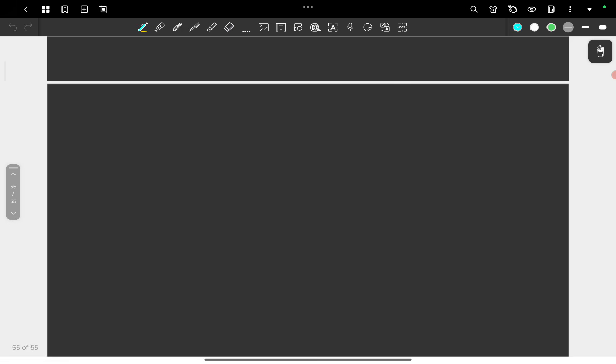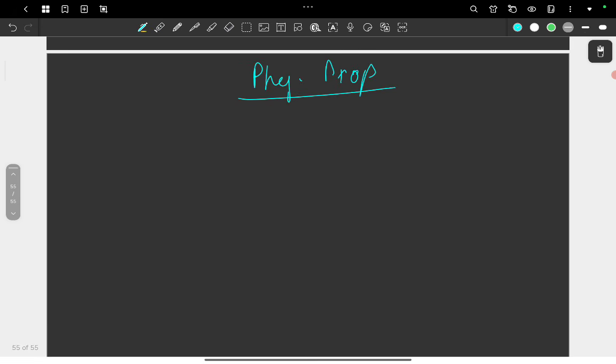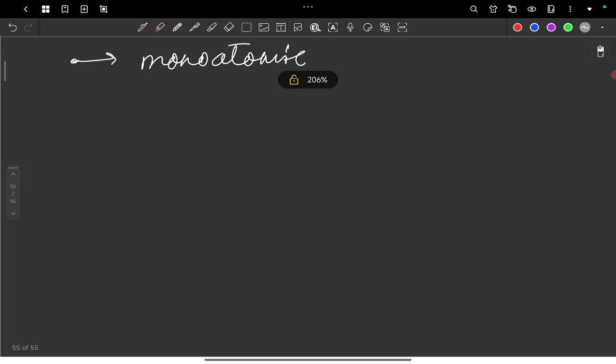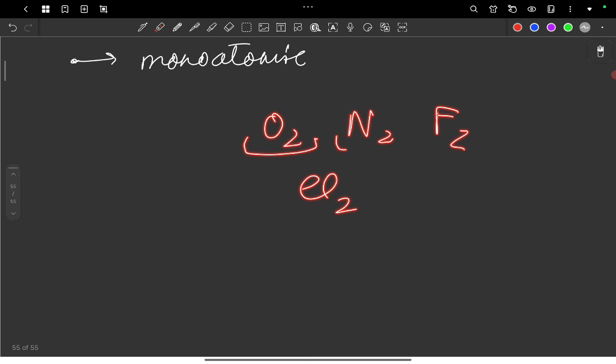Let's talk about the physical properties. What physical properties can we expect from the group 18 elements? First of all, they exist as monoatomic gases. What does monoatomic mean? For the rest of the periodic table, gases like H2, O2, N2, F2, Cl2 need another one of their members to get stable.